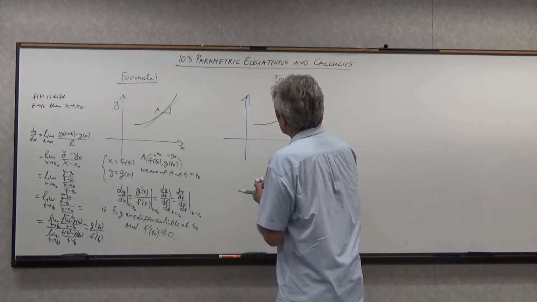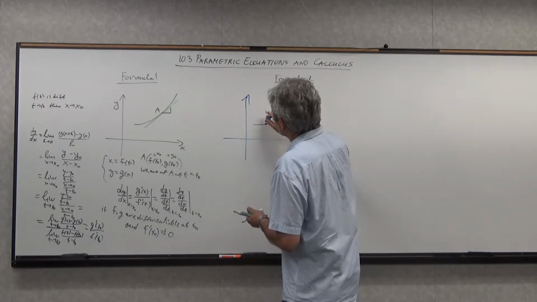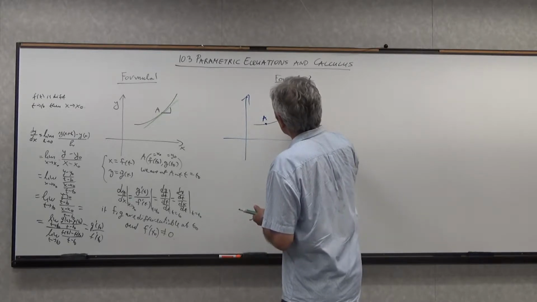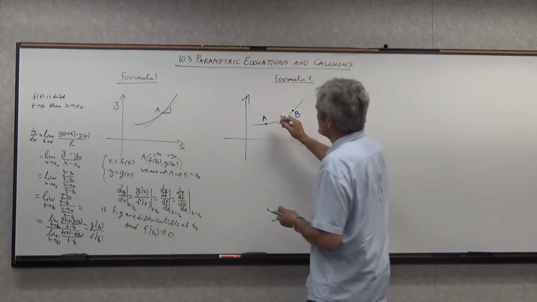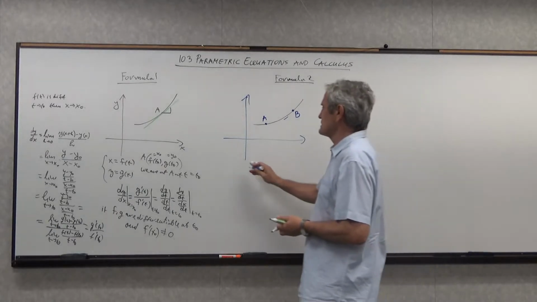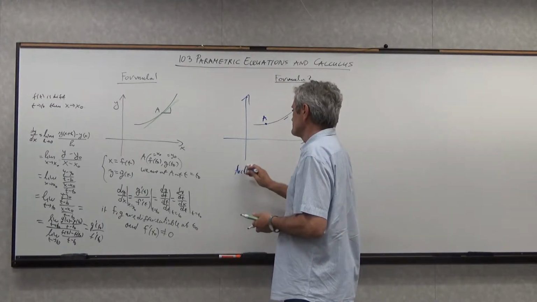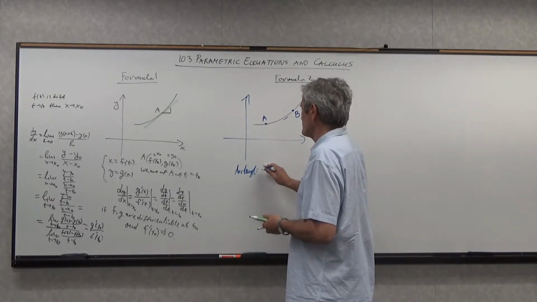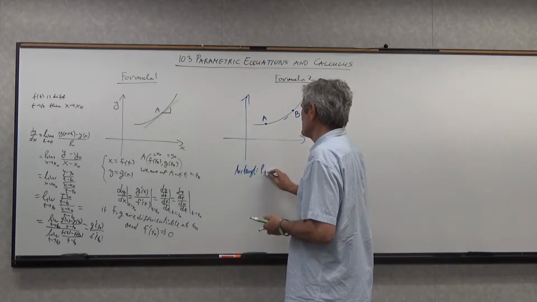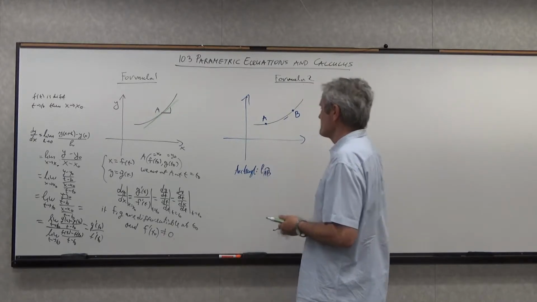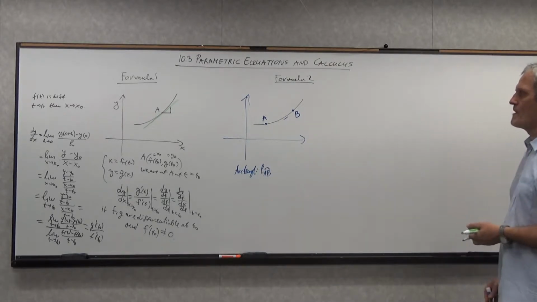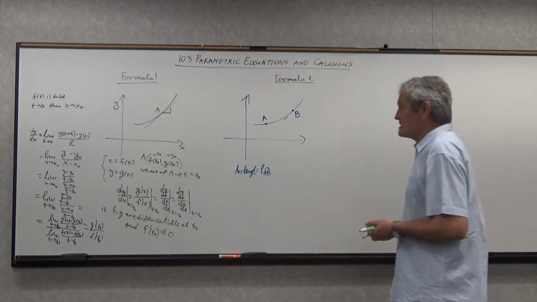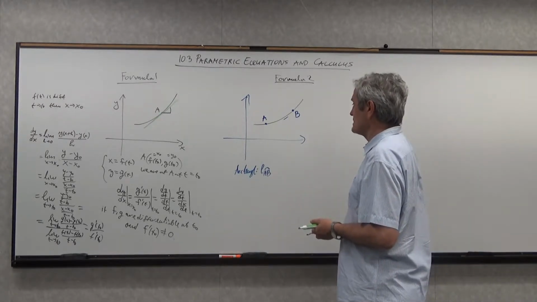We have a point A on the curve, and we have a point B on the curve, and we want to calculate the arc length, that will be the length of the curve, the length of the segment AB. And here's the formula, and we'll explain it in a minute.